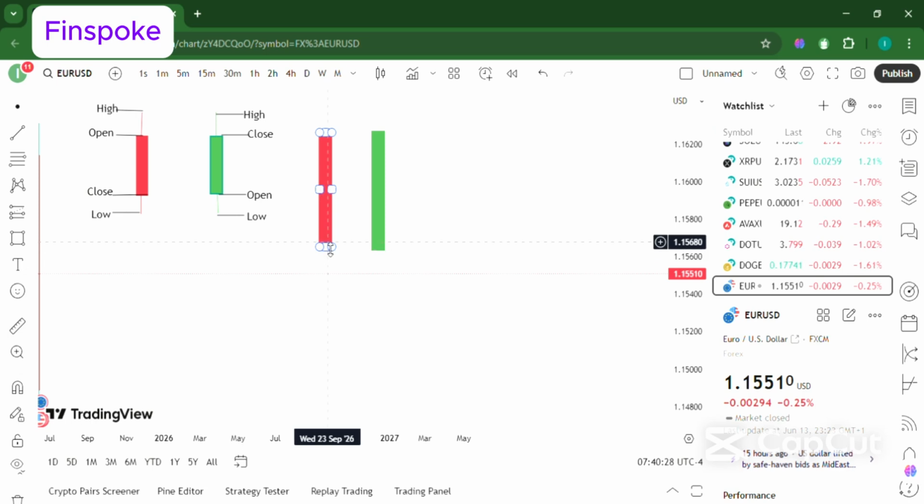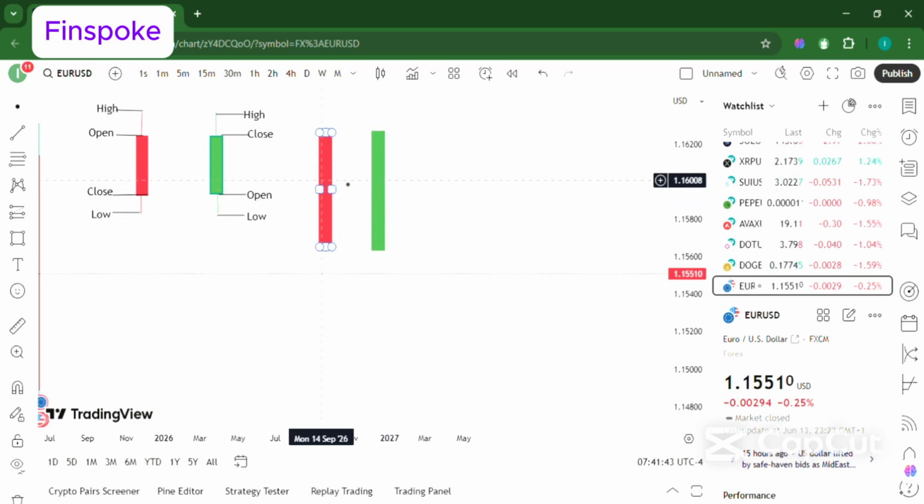We call it a momentum candle, with full force, and got to this place and closed. And for this particular candle, it means that the price opened here and went straight up and got to this point and it closed. Simply put, there is momentum in the market. It signifies market sentiment.